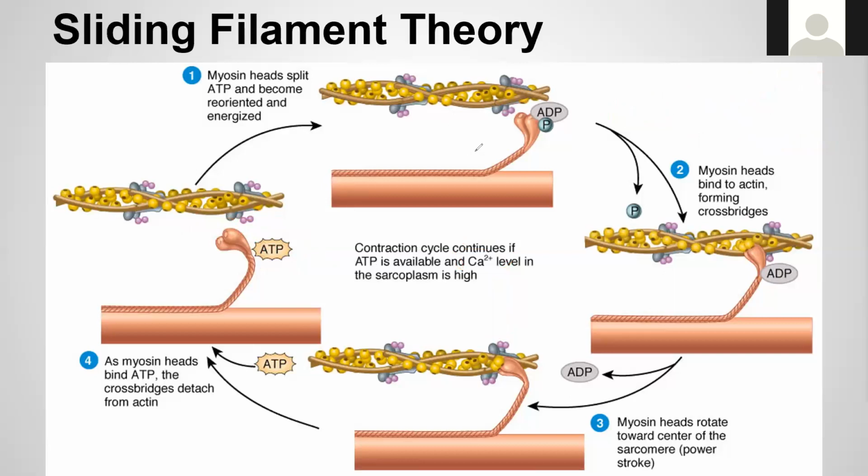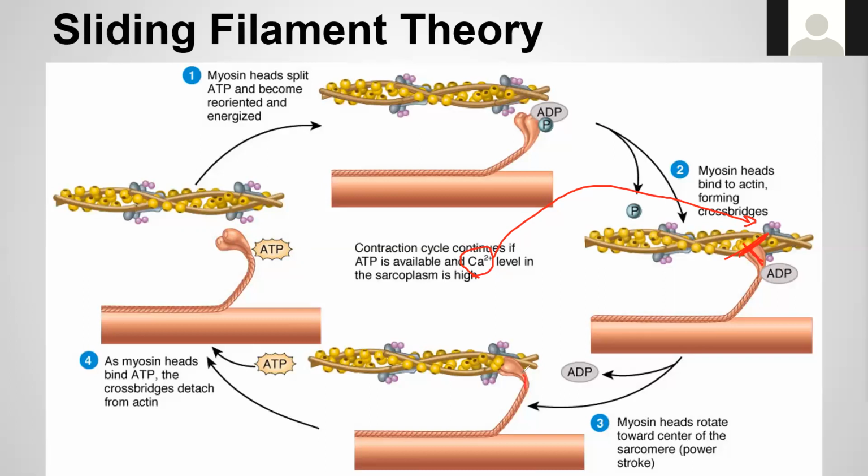So just to recap, we start out here with actin and myosin being close to each other, relatively speaking, but they don't touch each other. You get calcium to bind to the actin and myosin, causing a cross bridge to form. The myosin head bonds to the actin filament to cause a cross bridge.